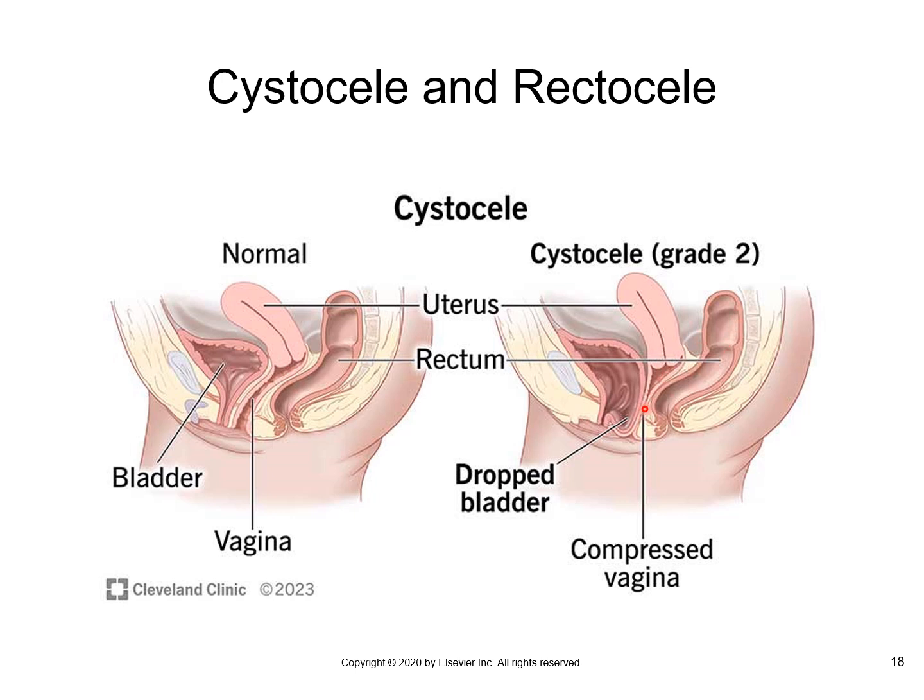And then in here, you're going to see that the wall of the bladder is bulging or distended right here, right? We call it the drop bladder. And in addition to that, the vagina wall is going to be compressed in here, right?